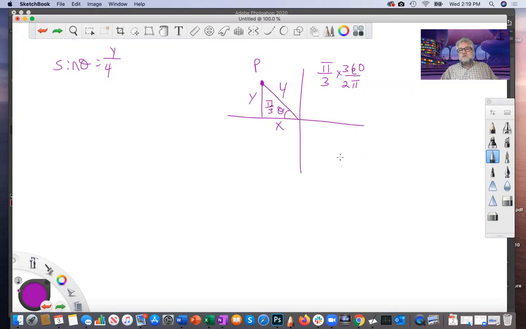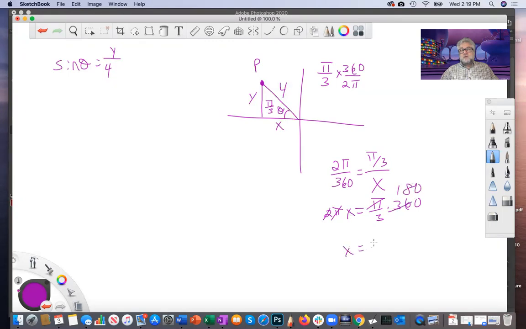The other way is to use a ratio. 2 pi over 360 equals pi over 3 over x. And we could cross multiply. So 2 pi x equals pi over 3 times 360. Pi's will cancel. The 2 will cancel here and leave me a 180.